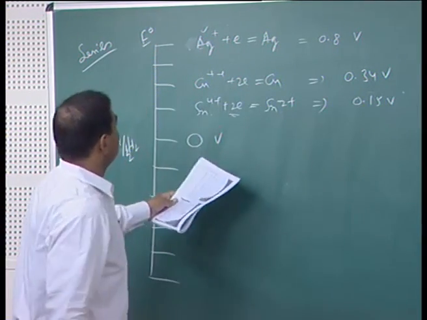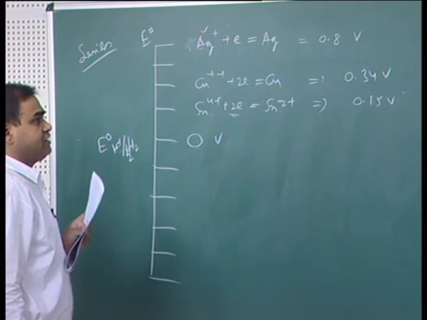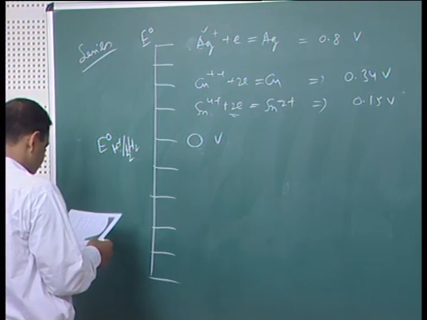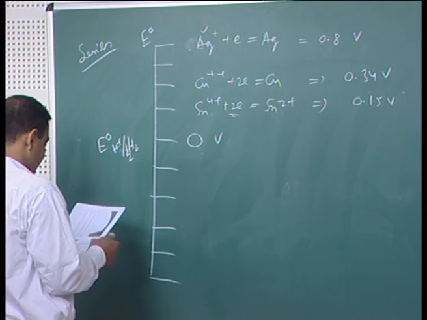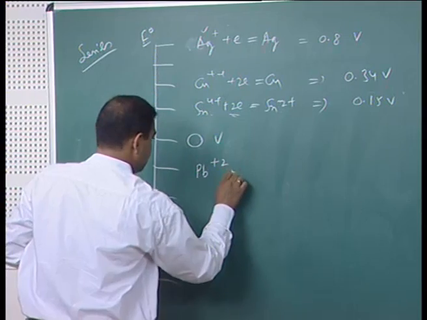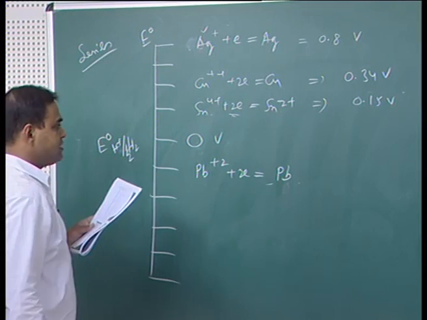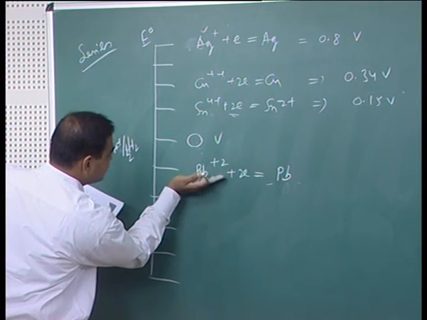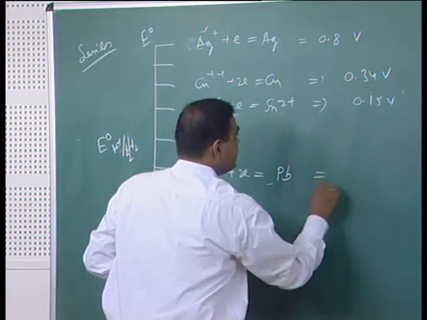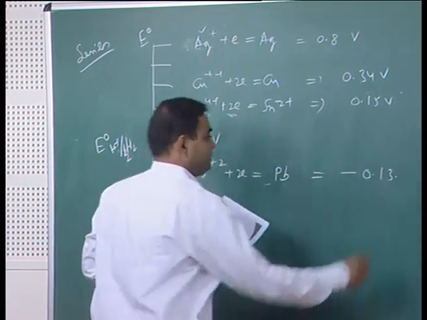So that way you can have a series above 0 volt, the standard hydrogen reduction potential. Also you can have values below 0 volt. Let me put some value. Let me say Pb 2 plus plus 2e equal to Pb. This is also a reduction reaction. In that case, if you measure the potential of this reduction reaction with respect to the hydrogen electrode, then you will have a value which is negative 0.13 volt.